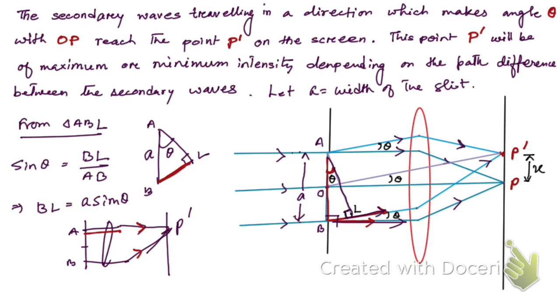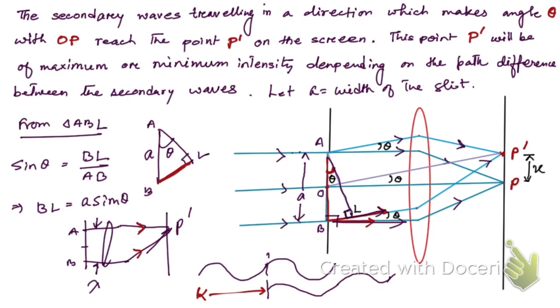Now you see, if the path difference between this one and this one is lambda, that means they are in phase. Actually, if this is a wave, suppose, and this is a wave, and this is lambda, there is another wave, and the path difference between these two waves is lambda. In that case, they are in phase.